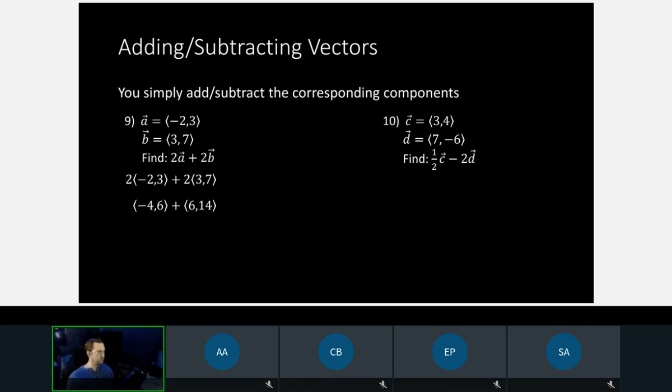So we want to show that until we get negative 4, 6 plus 6 comma 14. And then you just add the respective places, the x's with the x's, the y's with the y's, to get the final answer of 2 comma 20.